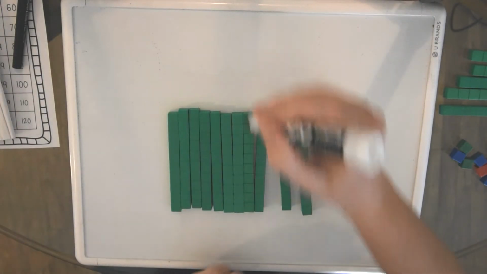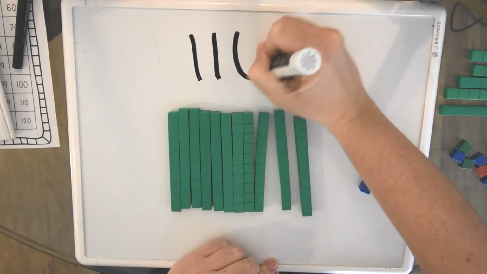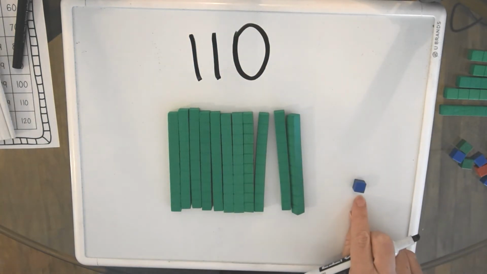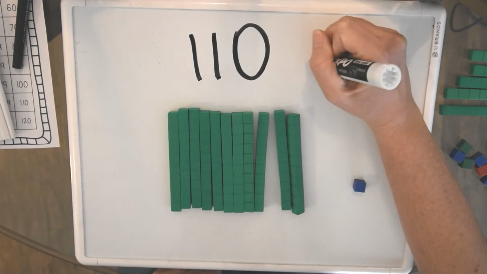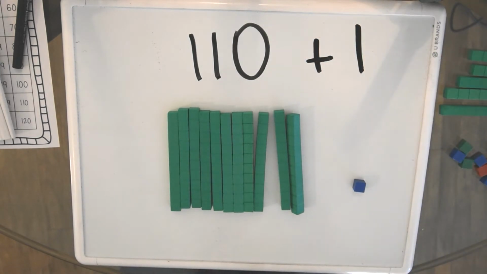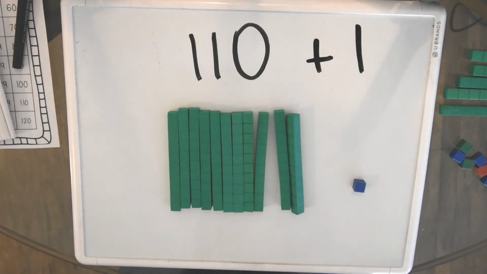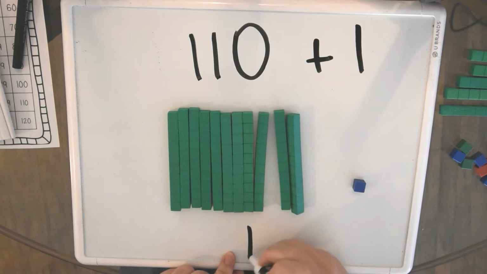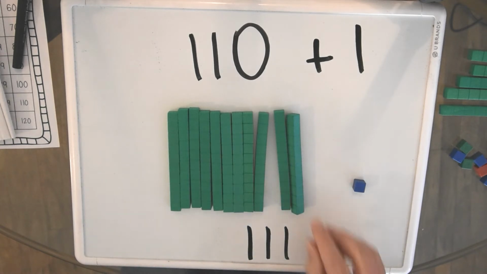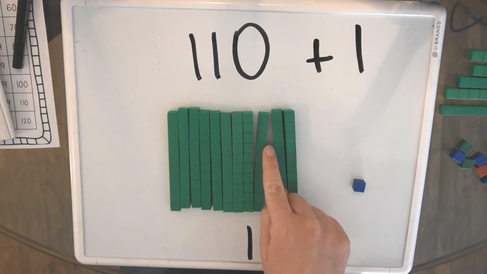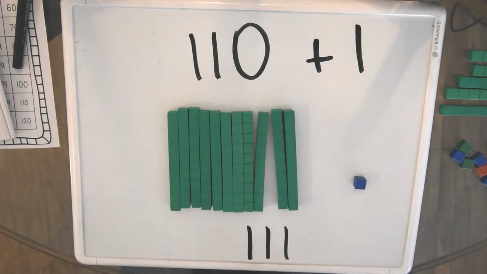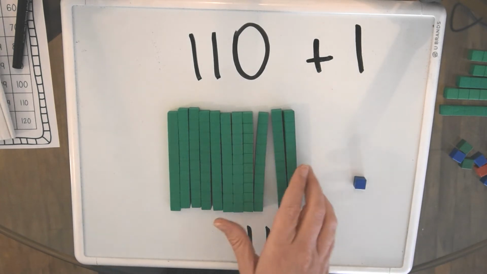So I'm going to write that number up here, 110. But I'm not done. I have one more 1, so I'm going to add plus 1. Now we can add 110 plus 1. That equals 111. You could just count: we have 110, then you count one more, 111. And that's how you get that number.